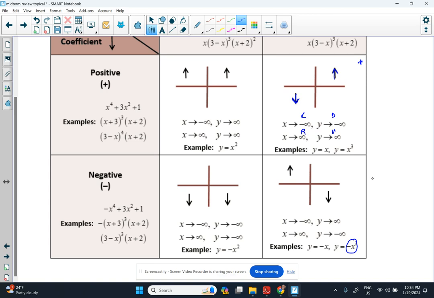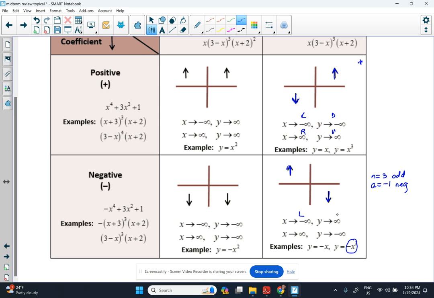So we know that n is 3, a is equal to negative 1. So n is odd and a is negative. When that happens, the ends are going to go in opposite directions. The left side is going to go up and the right side is going down.